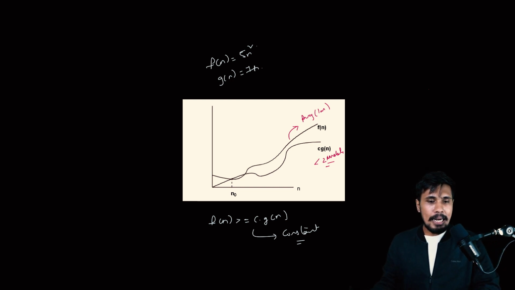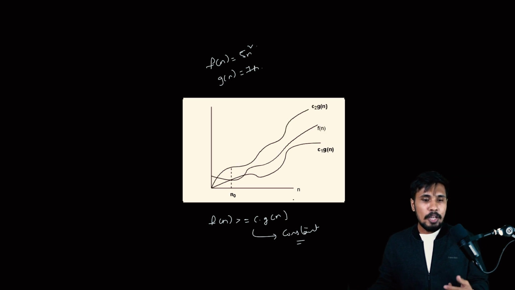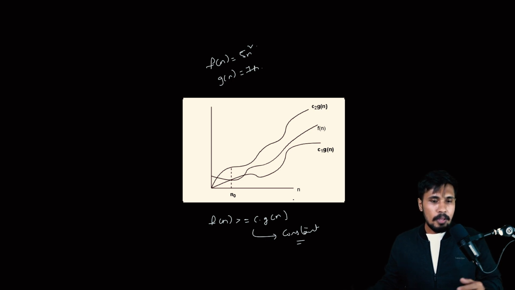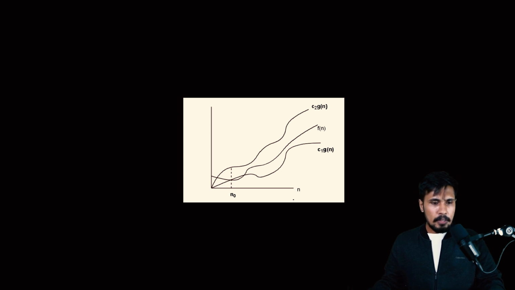And in order to check the upper levels and the lower levels, you can use your theta notation. So this theta notation is going to be this: f of n is going to range between, f of n is less than or equal to c2 g of n.